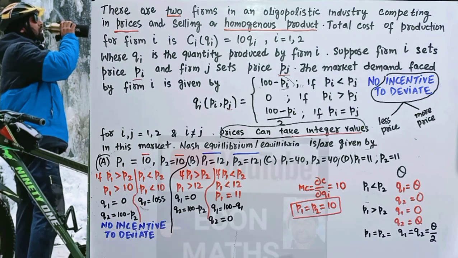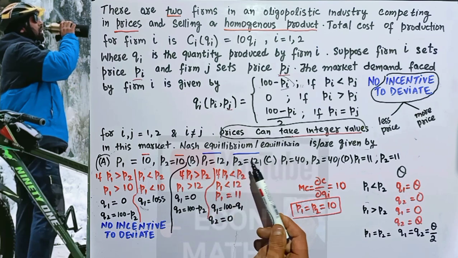In the first scenario we have seen whether firm 1 charges greater price or less price, he has no incentive to change from his initial strategy, because in the first scenario he is getting zero share of the market, and in the second scenario he is making a loss because his price is less than marginal cost. But here, if he is charging a greater price, he gets zero share of the market, obviously. So here he has no incentive to do it.